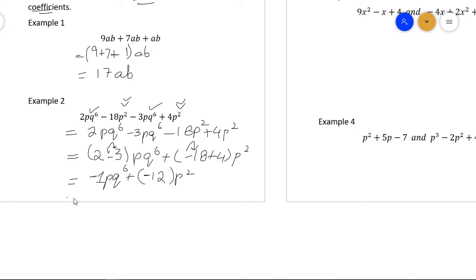Okay, it will become minus 1 pq raised to power 6 and plus minus minus, they are multiplying, so as they are opposite terms, so there will come a negative sign, 12p square. Okay, hope you will understand.